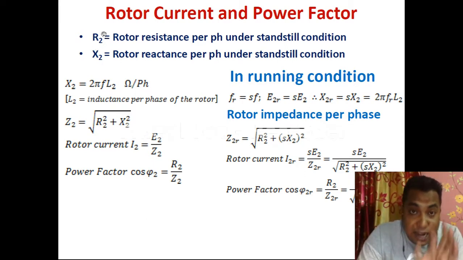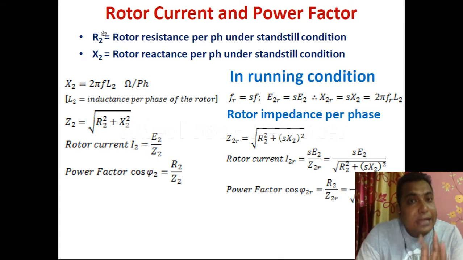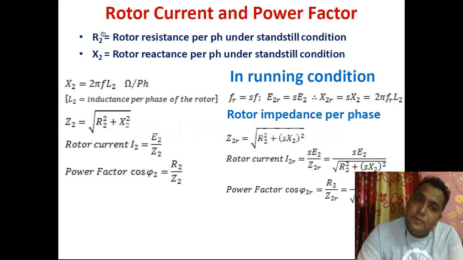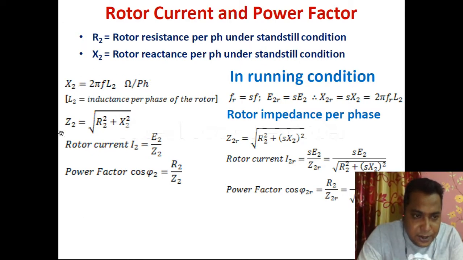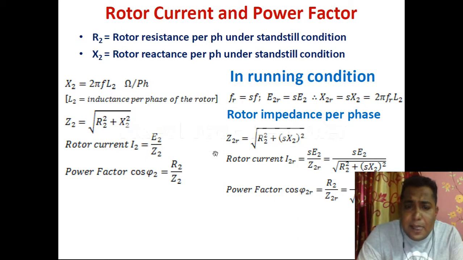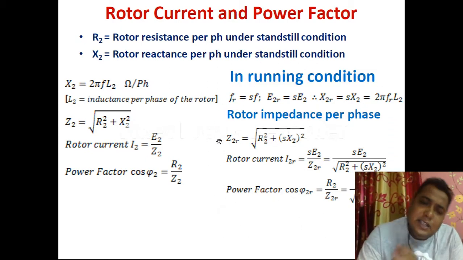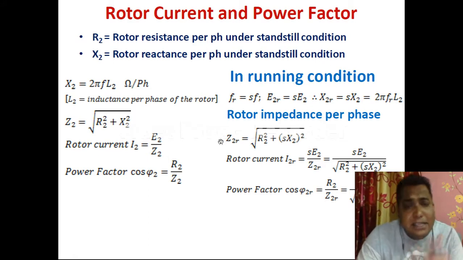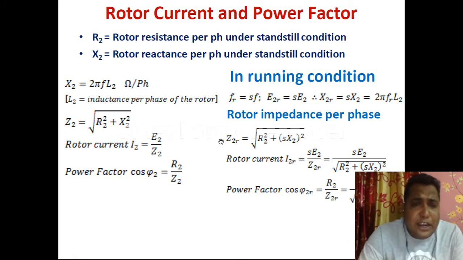So these R2 and X2 values are both at standstill condition. Follow my pointer: we are viewing the equation at standstill condition, and the same kind of equation at running condition has a few changes. Why these changes occur, I am going to tell.